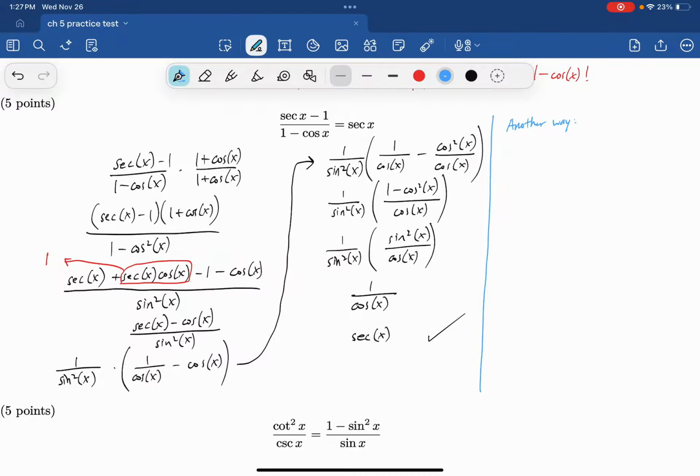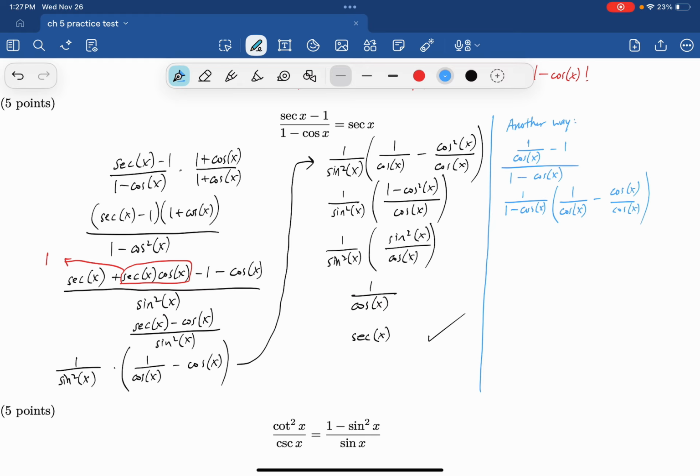So what you could have done is simply written this as 1 over cosine x minus 1 all over 1 minus cosine x. Okay, but then that numerator, if we rewrote this, is actually just equal to 1 over 1 minus cosine x, that's the denominator there, times 1 over cosine x minus cosine x over cosine x.